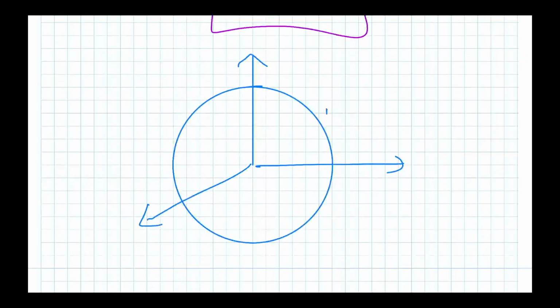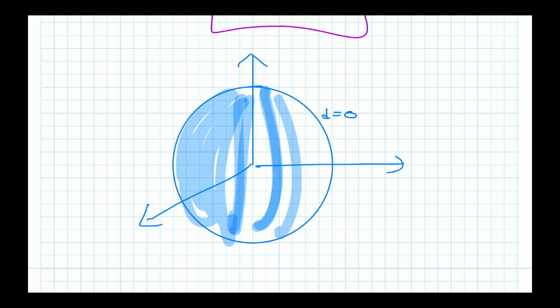So this is the d equals 0 sphere. And it is a sphere. So this is actually a 3D shape, not just a 2D circle that we're looking at. So it's like an entire ball.